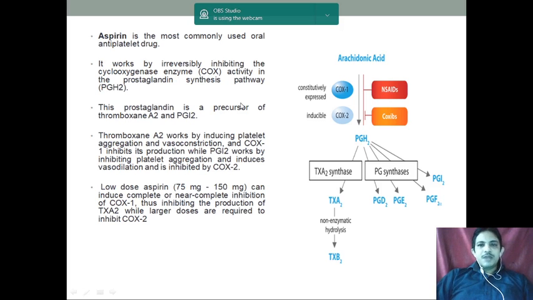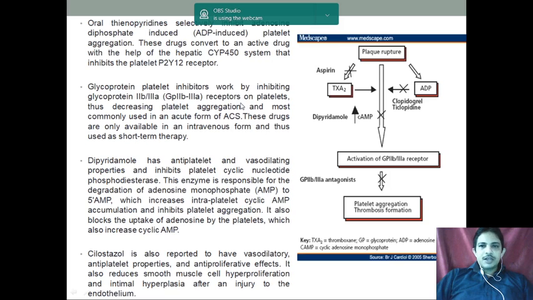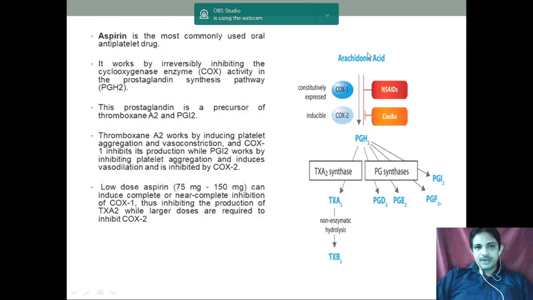Now aspirin. Aspirin is a COX inhibitor. In the presence of arachidonic acid, the COX pathway is active. COX is of two major types: COX1, which is constitutive, and COX2, which is inducible.